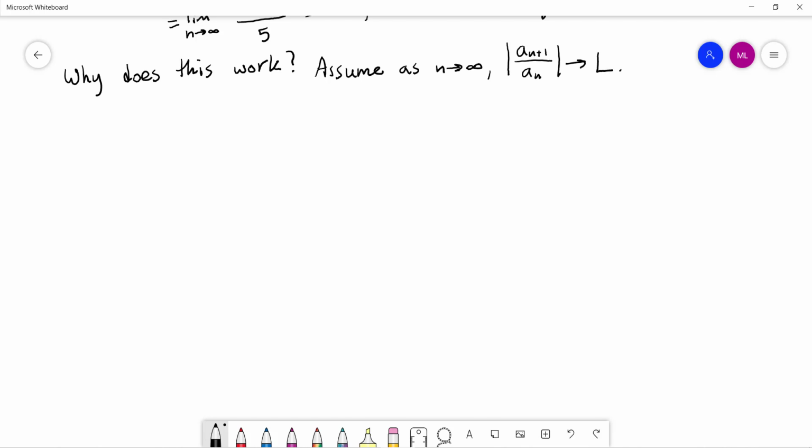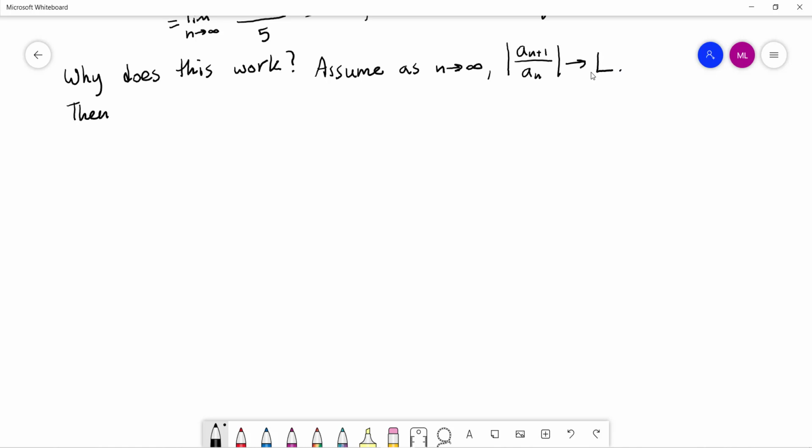If this is true, then it must mean that once you get far enough into the series, so not maybe when n is equal to 1 or 2 or 3, but if you get to large values of n, this ratio is going to get pretty close to L, right? If it's approaching it as n goes to infinity, at some point, some finite value, it's going to start to get pretty close.